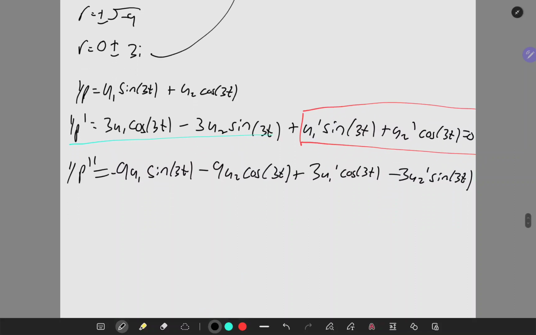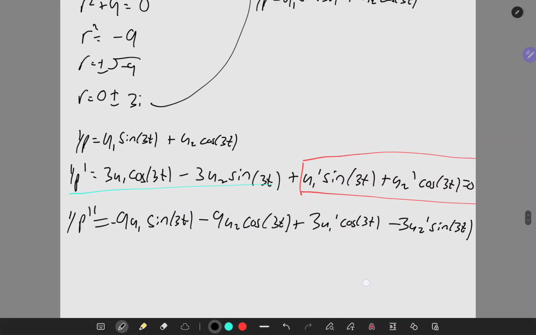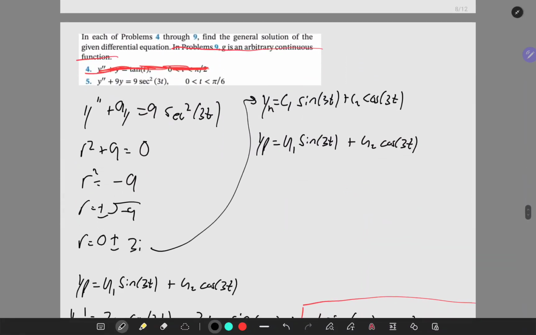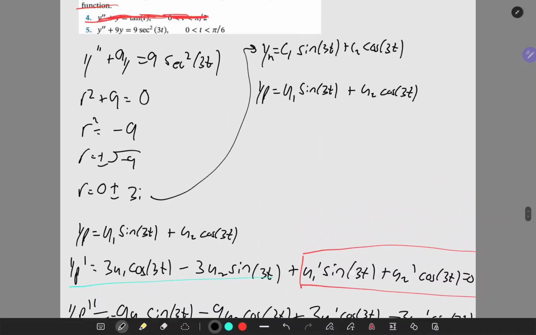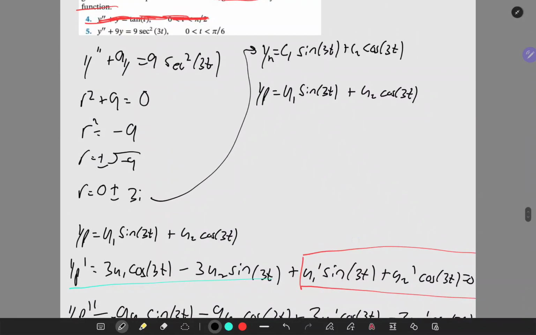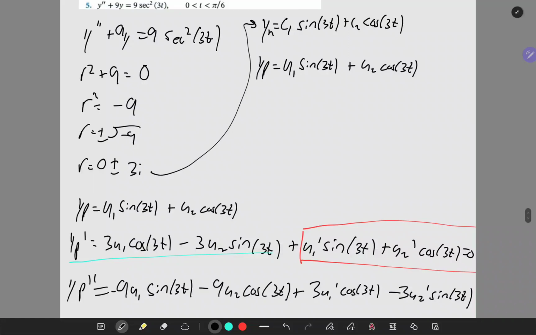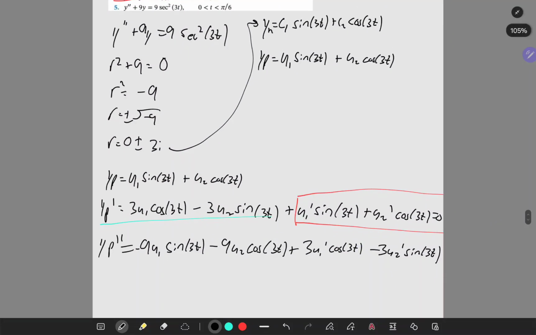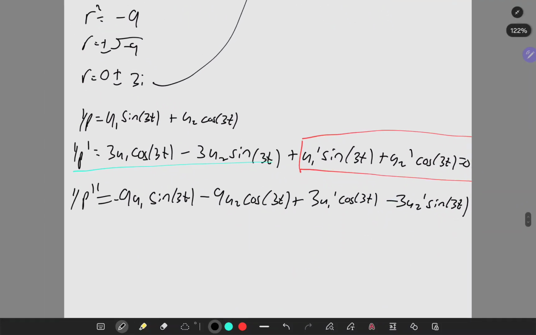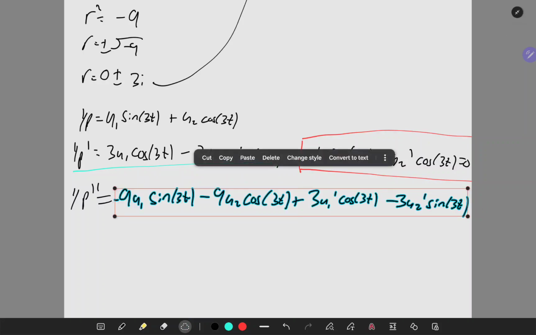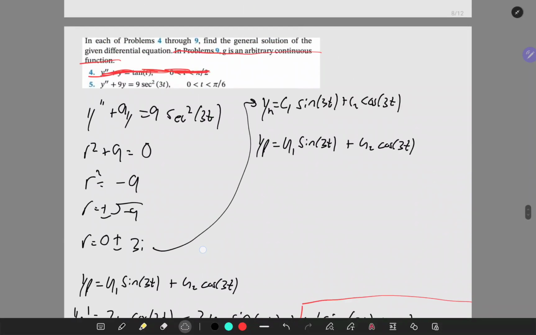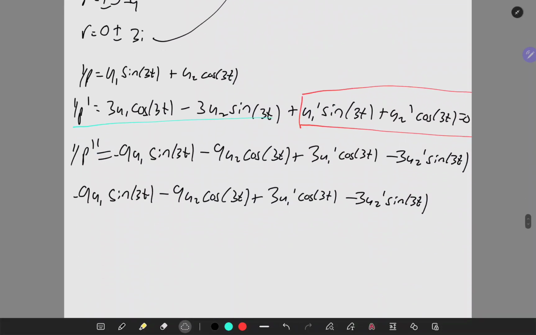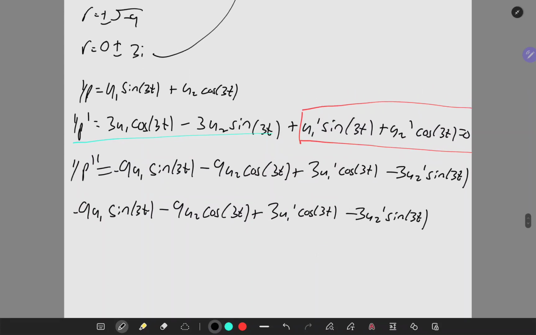Now we plug in this monstrosity into our original equation. So double prime first. This whole thing, and then we have plus 9y. Oh, that's good. We don't have any primes.